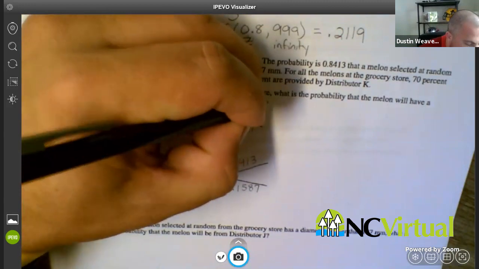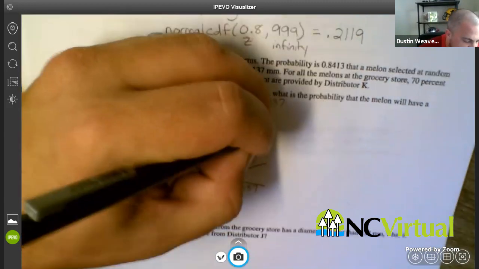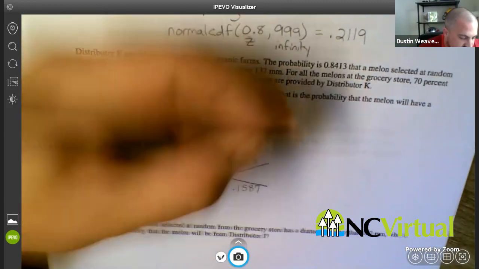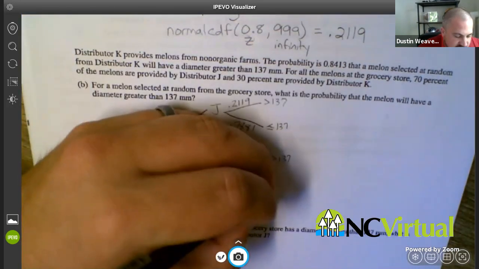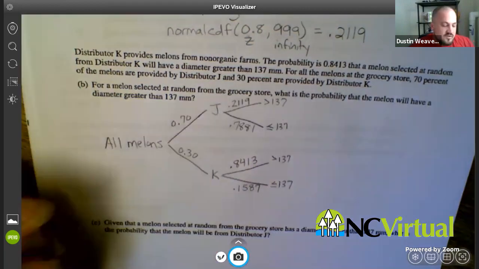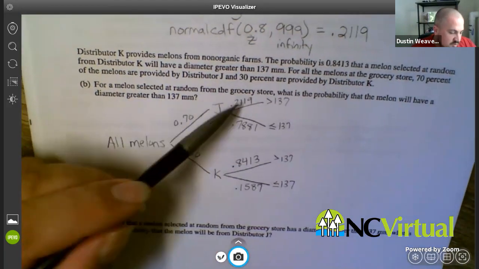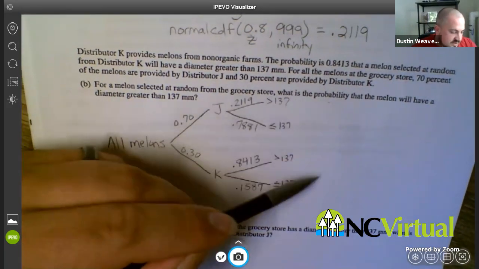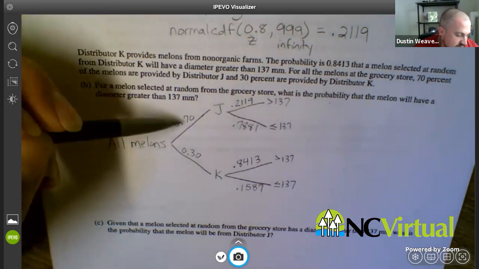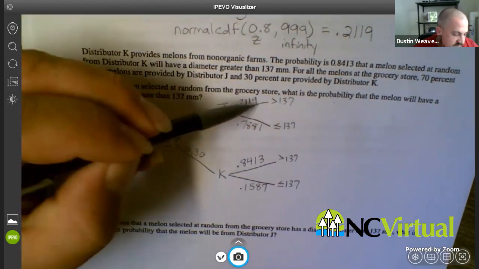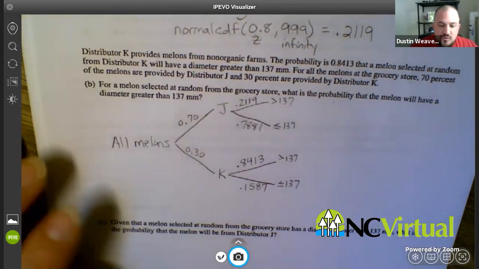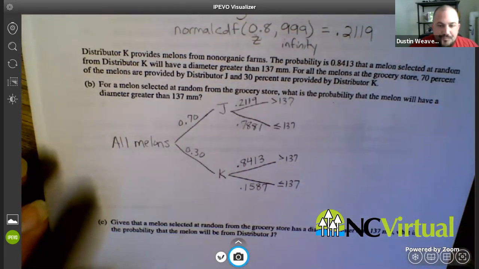Okay, so this is if it's greater than 137. This is if it's less than or equal to 137. This is if it's greater than 137. This is if it's less than or equal to 137. So now we want to take our probabilities and multiply them to get our final answers down here. So the probability of the melon coming from distributor J and being greater than 137 is 0.7 times 0.2119.